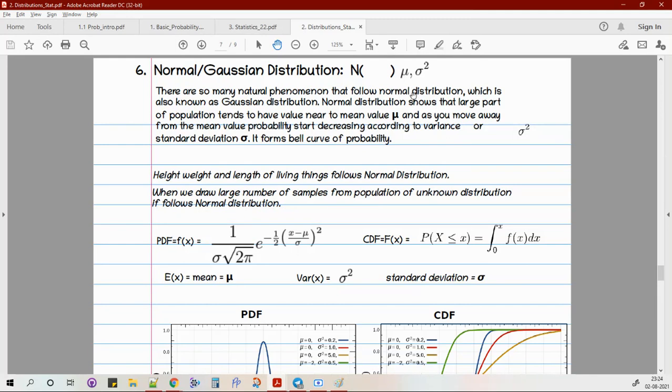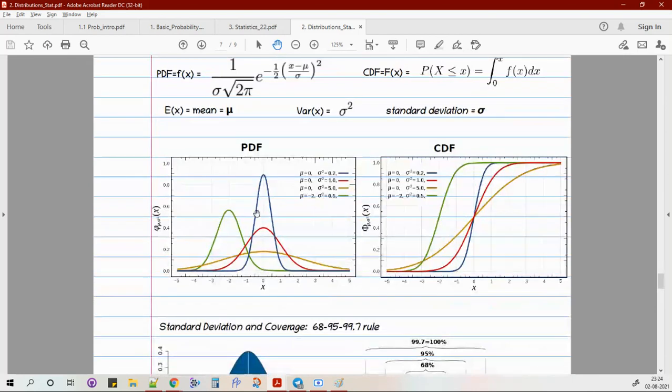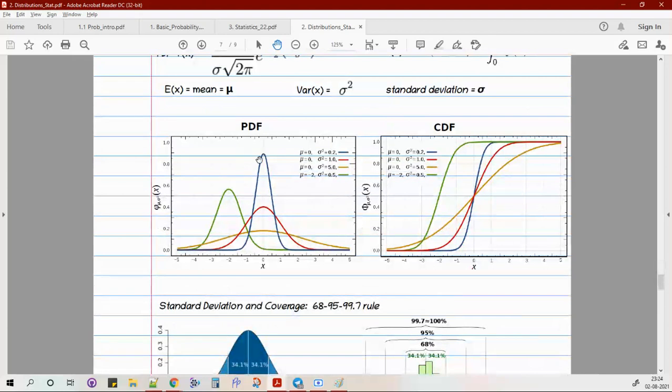Mu is nothing but the mean. Sigma square is nothing but the variance, right? The normal distribution has a bell curve, and all the probability is concentrated around mu, so around the mean value there is a high chance of getting the value.